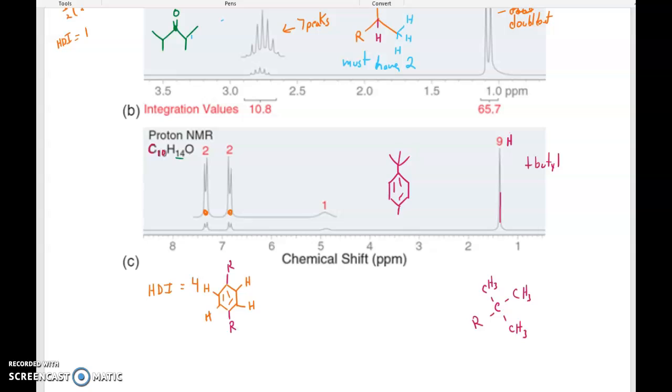And then we have something else that comes off the other end of our aromatic. We've not done anything with our oxygen, and we have 1 hydrogen that hasn't been placed. So we're going to make this, say this is an alcohol, and that's our compound.